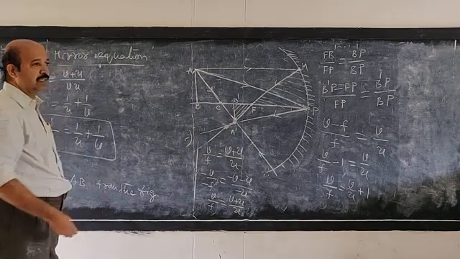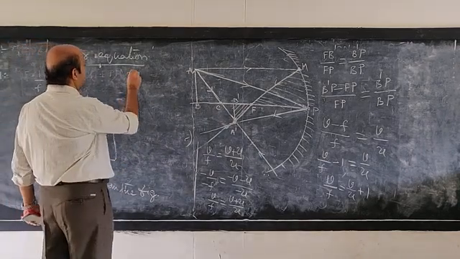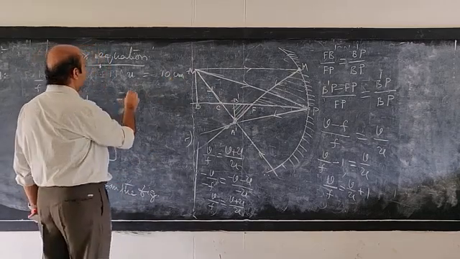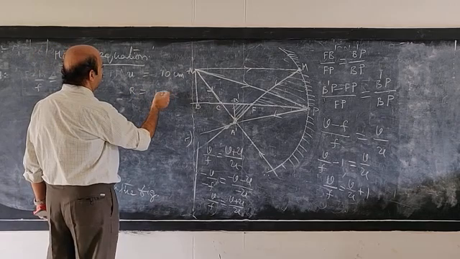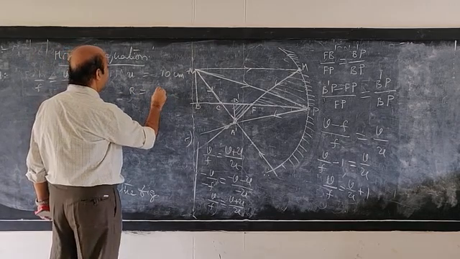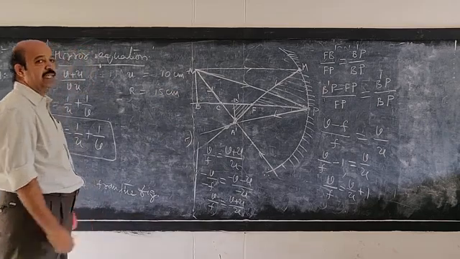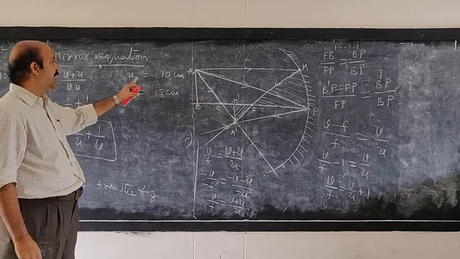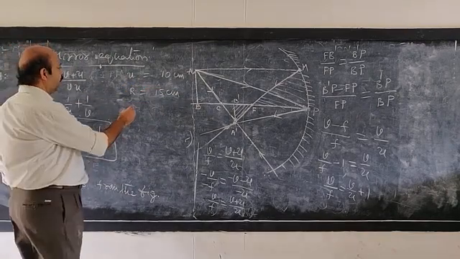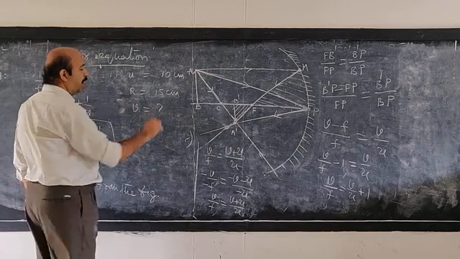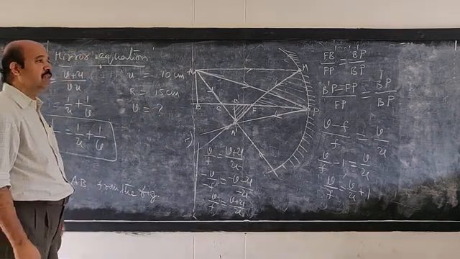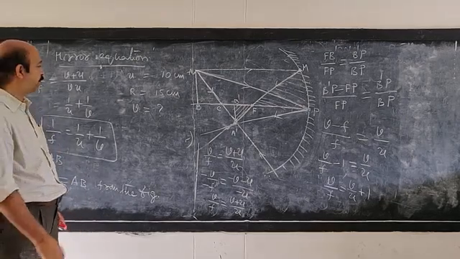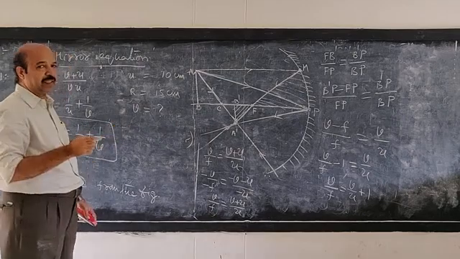Let us suppose the radius of curvature of a concave mirror is 15 centimeters and the object is placed at 10 centimeters from the mirror. Find out the position and nature of the image, and also the magnification. Generally a question will be asked like this, a simple problem.